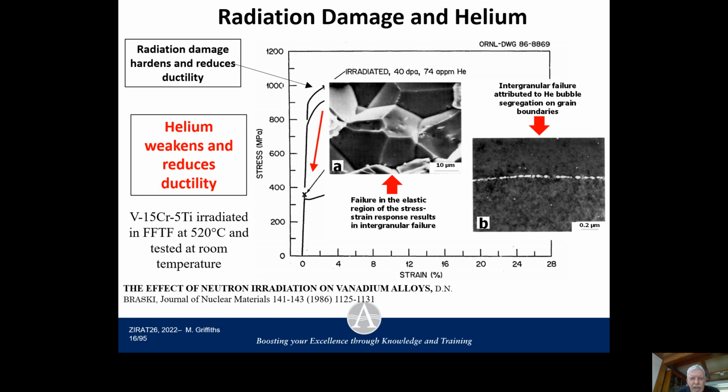A little bit of an interesting aside: there was a paper in 1991, whereas Brasky's was written in 1986, talking about irradiation of the same group of alloys that Brasky was looking at, and it even quotes Brasky in terms of having studied these alloys.